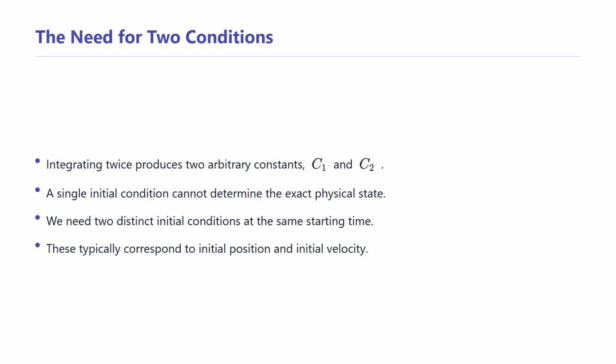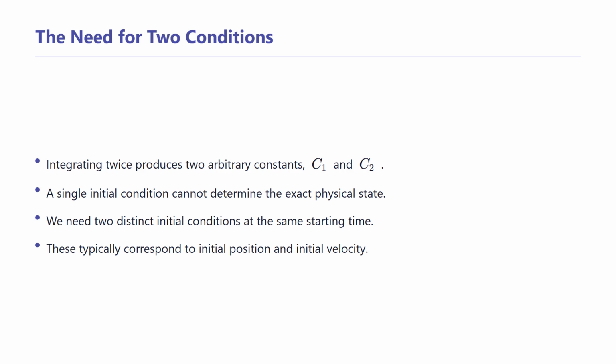This requirement to integrate twice leads us to an important realization. When we integrate twice, our general solution will naturally contain two arbitrary constants, which we can call C1 and C2. Therefore, a single initial condition is no longer enough to determine the exact physical state of the system.